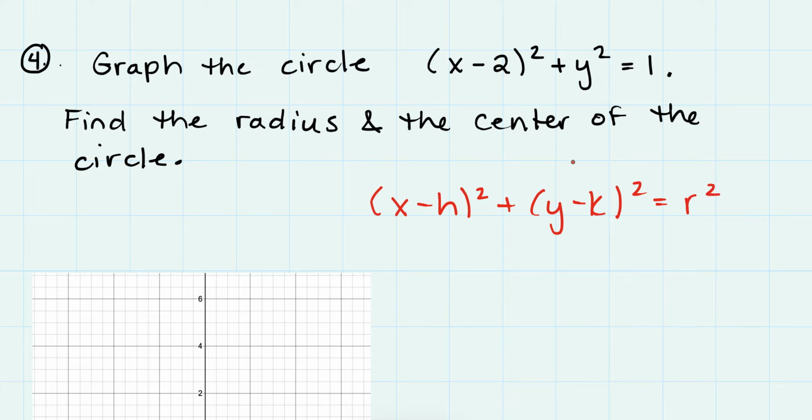So on your homework, you're going to be asked to write the standard form of a circle in general form, which this is, the general form for this particular example. Or you might be given the general form and asked to write it in standard form. And I'm going to show you how to do that soon.